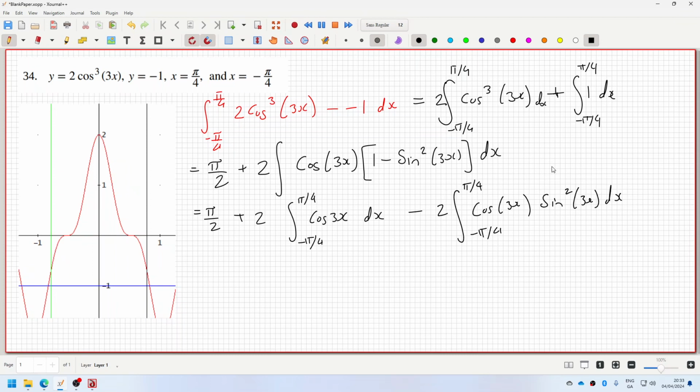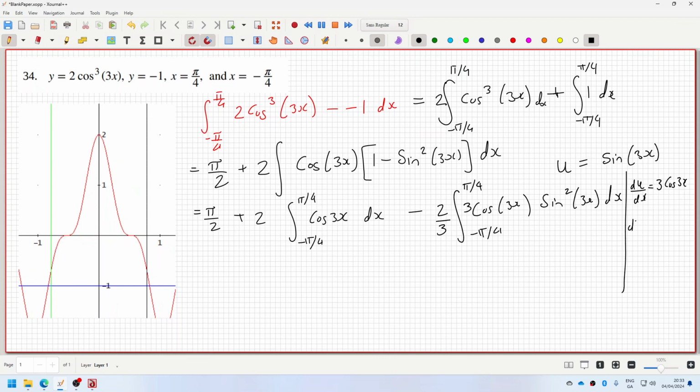Now I could use a substitution here. I could say let u equal sine 3x. And I'll put a 3 here and a 3 here. And just note, please, that the derivative would be 3 cos 3x.